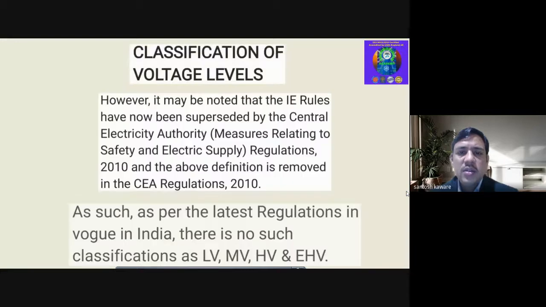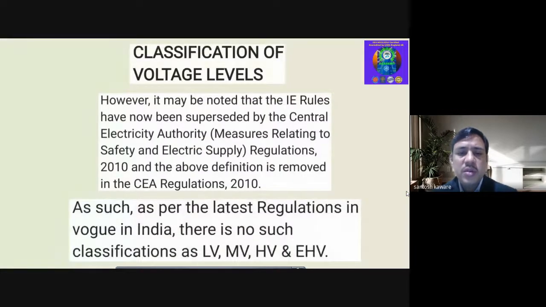Again, there are certain regulations. Now again, this 1956 rules gets modified, because from time to time all these regulations get updated by the standardization authority or Bureau of Standardization, especially if you are talking about India.